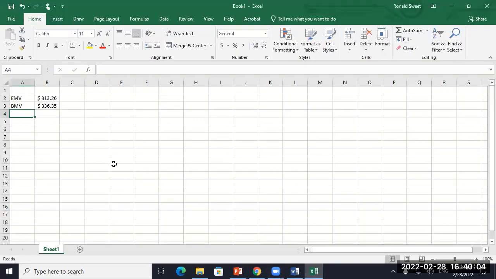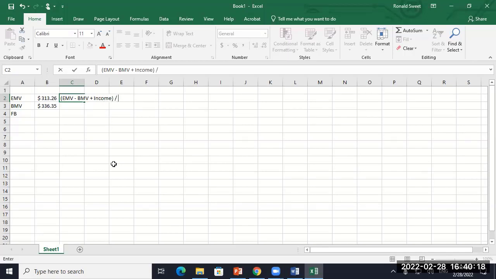So for Facebook or Meta, you're going to take ending market value minus beginning market value plus income, and divide by beginning market value.